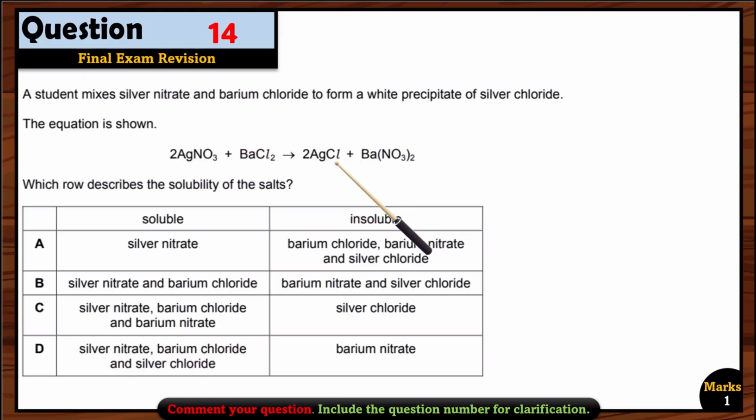Now we have to just look for the silver chloride. Remember there are only 2 chlorides that are insoluble, silver chloride and lead chloride. So insoluble is silver chloride, right? So this option C is the right option over here. Clear? Sorry, I thought that this is barium nitrate, but this is not barium nitrate, this is silver chloride. So that's wrong. So C is the only right option here.